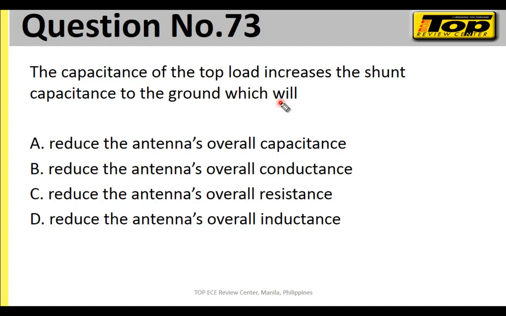Ang sagot, reduce the antenna's overall capacitance. Yun ang sagot. May clue na kayo. And the answer is reduce the antenna's overall capacitance. Letter A. Tandaan po natin yan ha. Baka yan ay lumabas sa board.